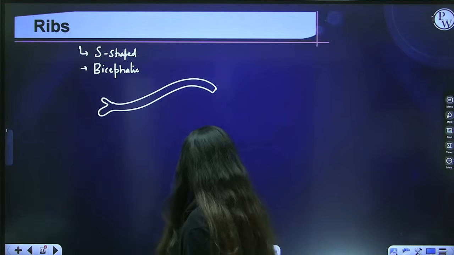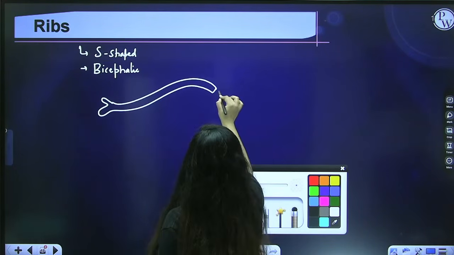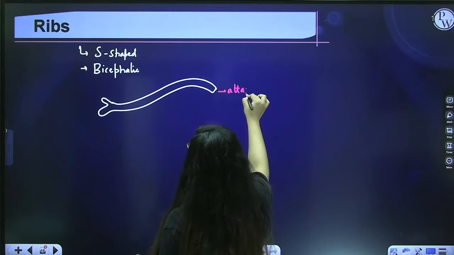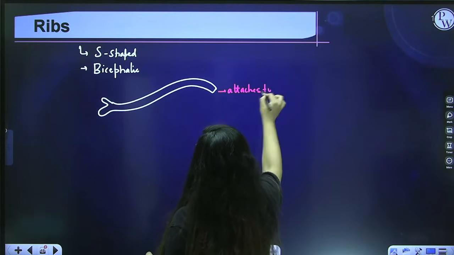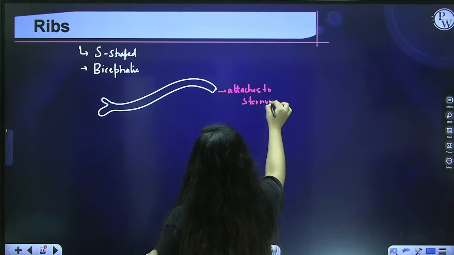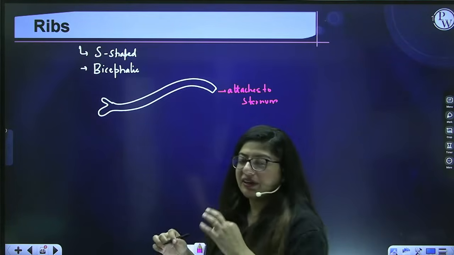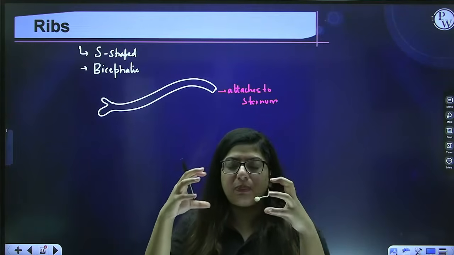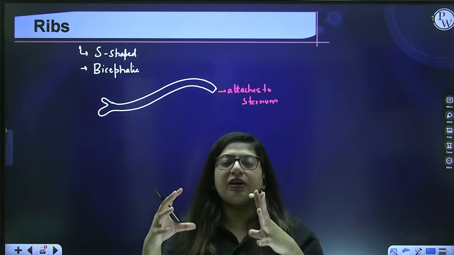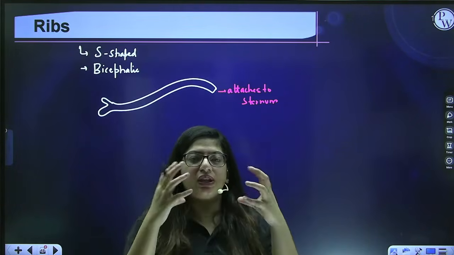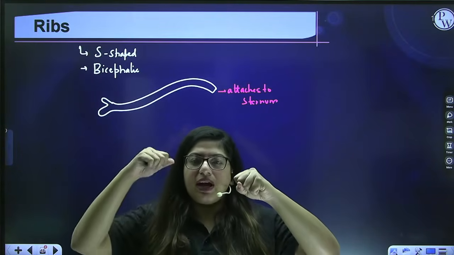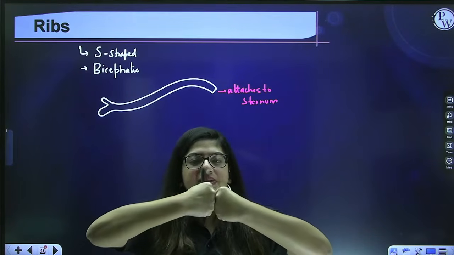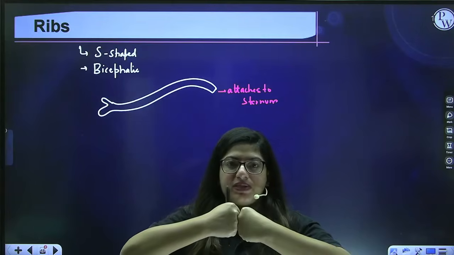Why? Because this portion of the rib attaches to the sternum with the help of cartilage, and there is only a single articulation. Articulation means joint, and the number of joints depends upon the number of bones. There is one portion of the sternum and one portion of the rib, and they join like this.